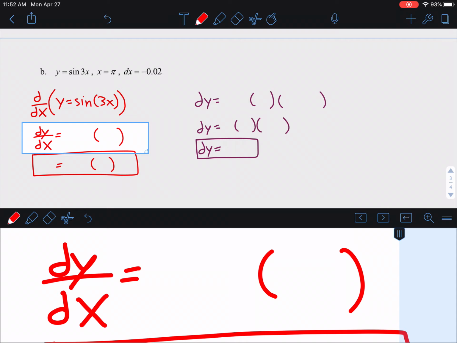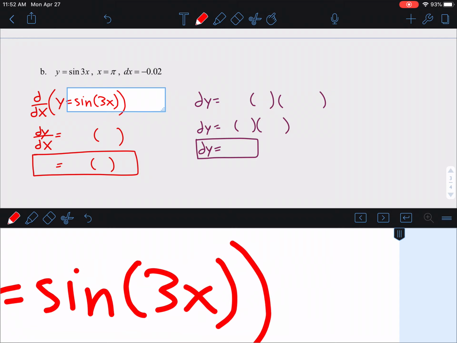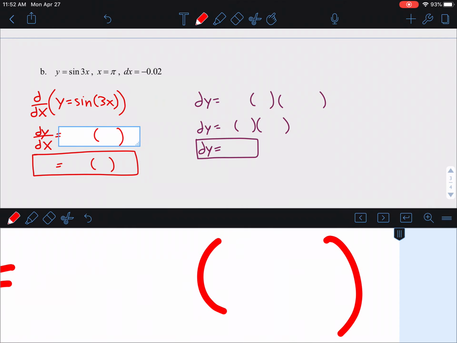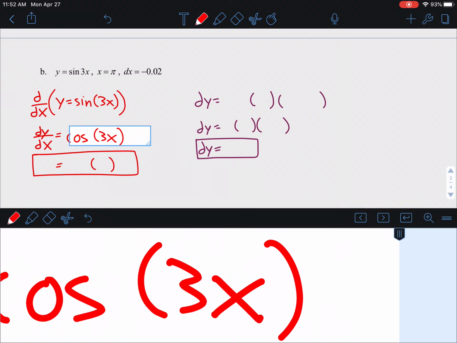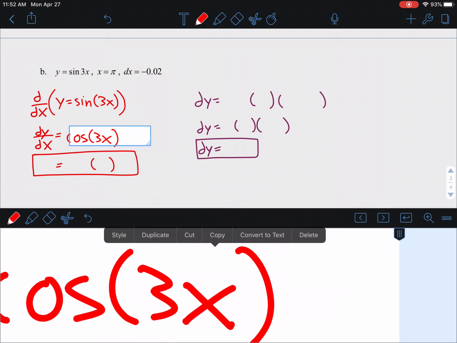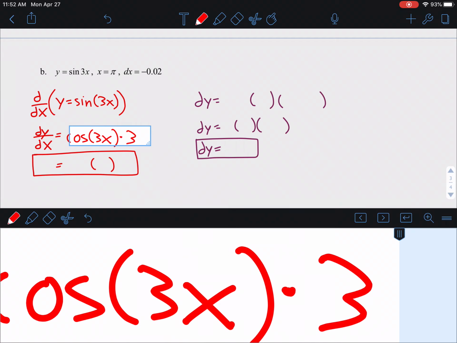Now, right-hand side, sine of 3x, we have to use chain rule. So we're going to get cosine of 3x, and we're going to multiply this by 3.